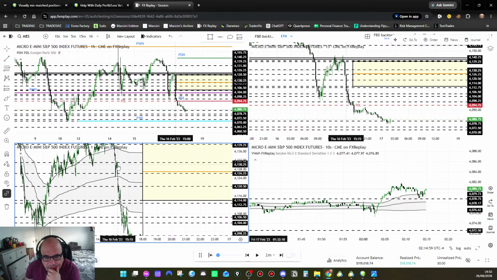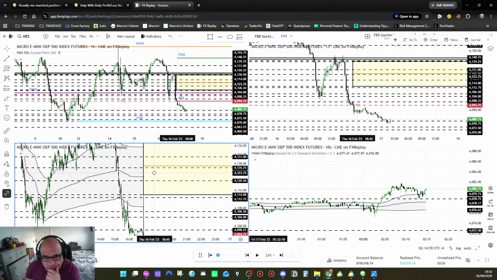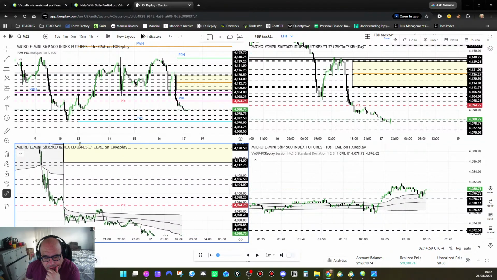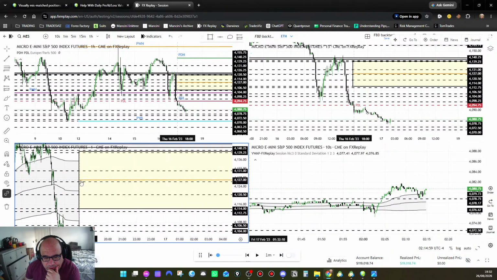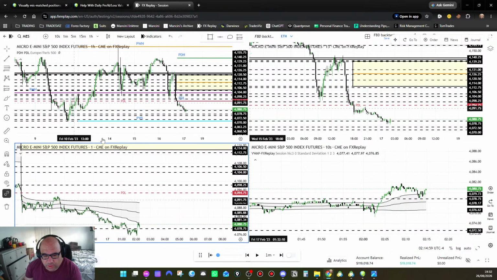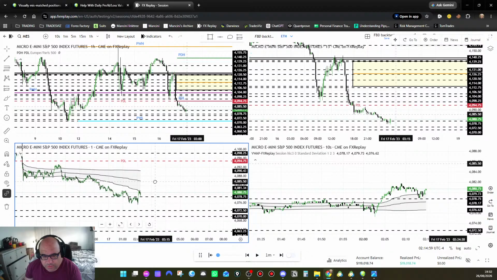You can see here it backtested and then it just came down. So I'm pretty sure that the purpose of the market now is ultimately to backtest this level here, probably the previous VWAP. We'll see how it's going to go.